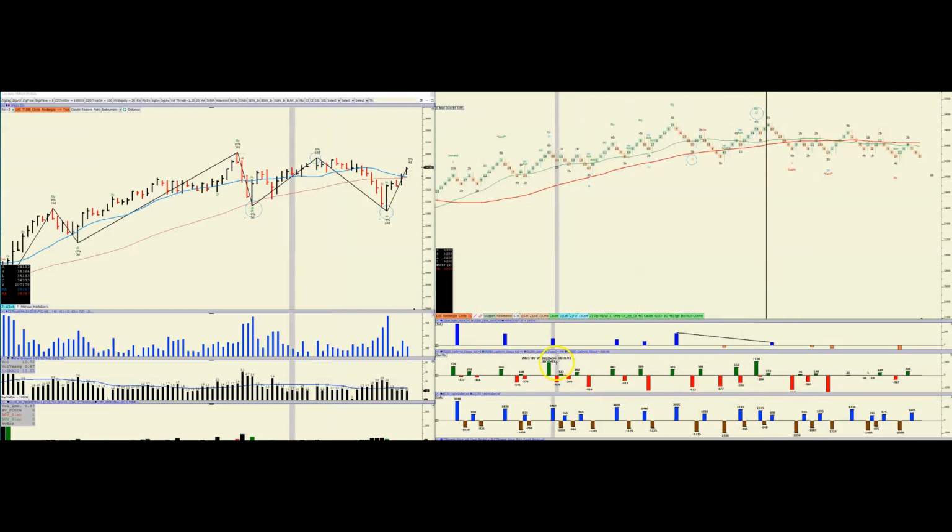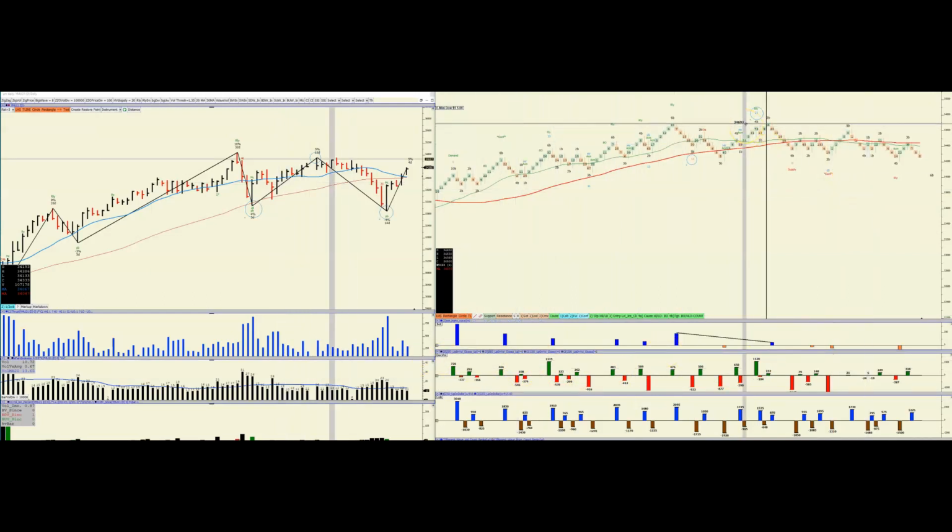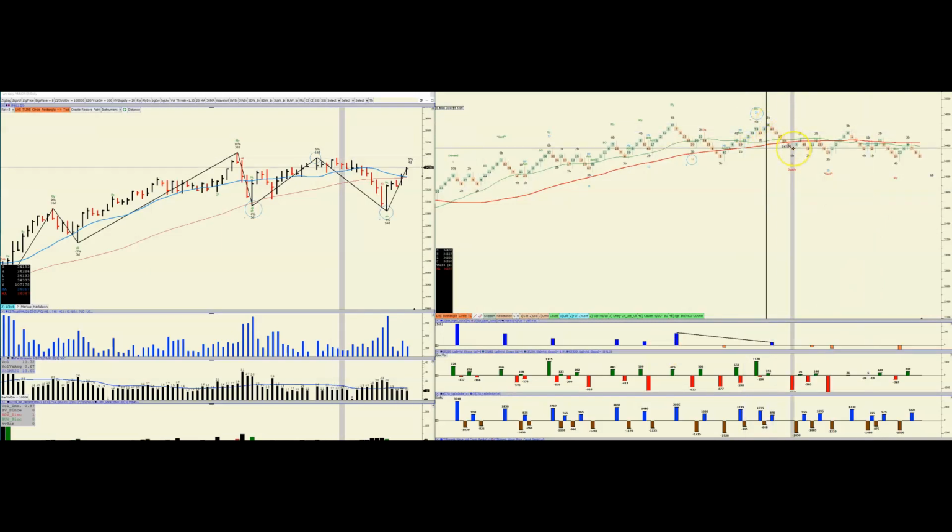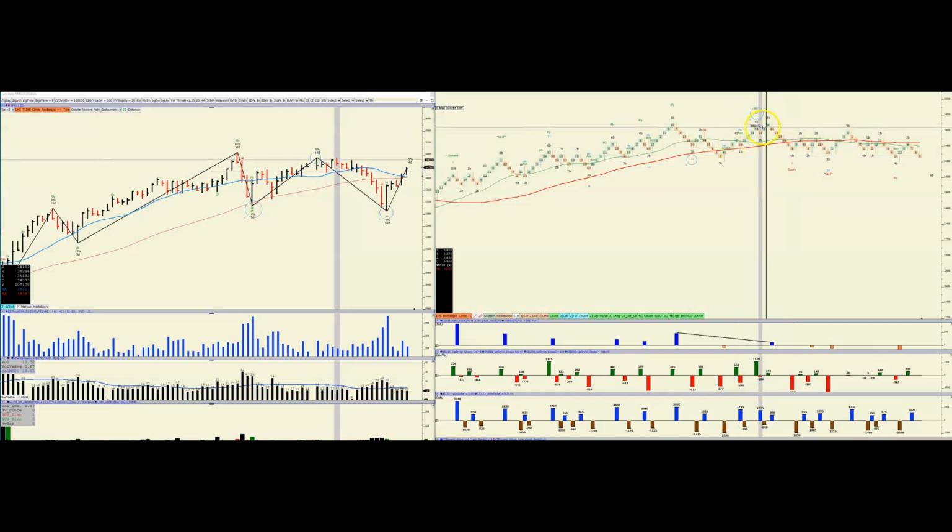You see that because all of a sudden the volume here goes to 1120, which is bigger than all of these previous bars. So why all this volume? And it really doesn't take out the high, and then supply comes in. So that's telling you that it's game over.